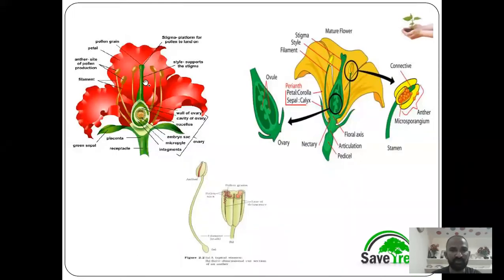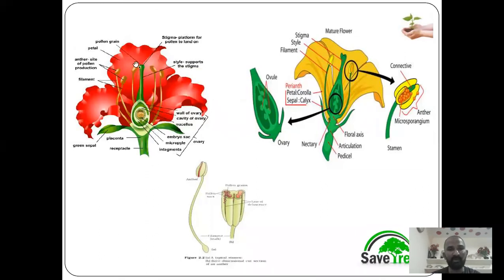gynoecium. This gynoecium is mainly divided into three parts. The basal swollen part of the gynoecium is called the ovary; you can see here the ovaries are present in the basal swollen part. This basal swollen part extends into a long tube-like structure, which is called the style.